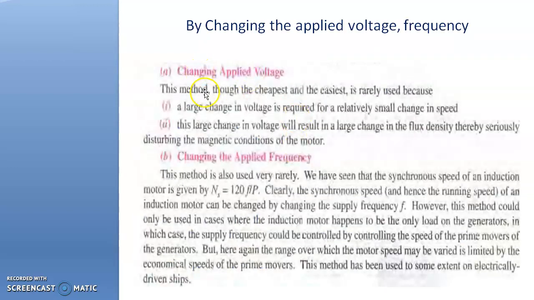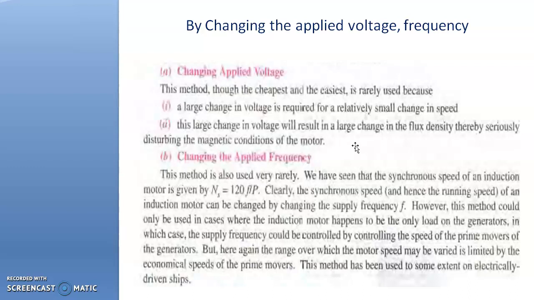So the first method is changing the applied voltage. The problem of changing applied voltage is you need a large change in voltage to make even a small change in speed. So this large change in voltage will result in large current and flux density.